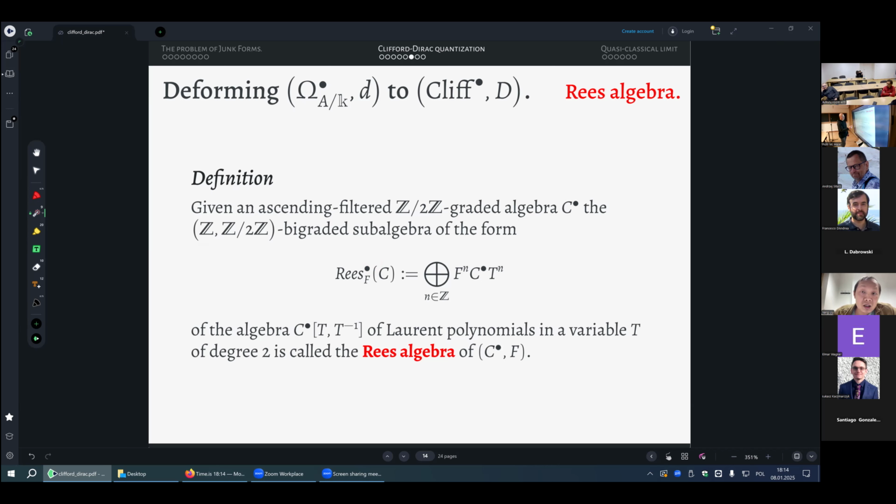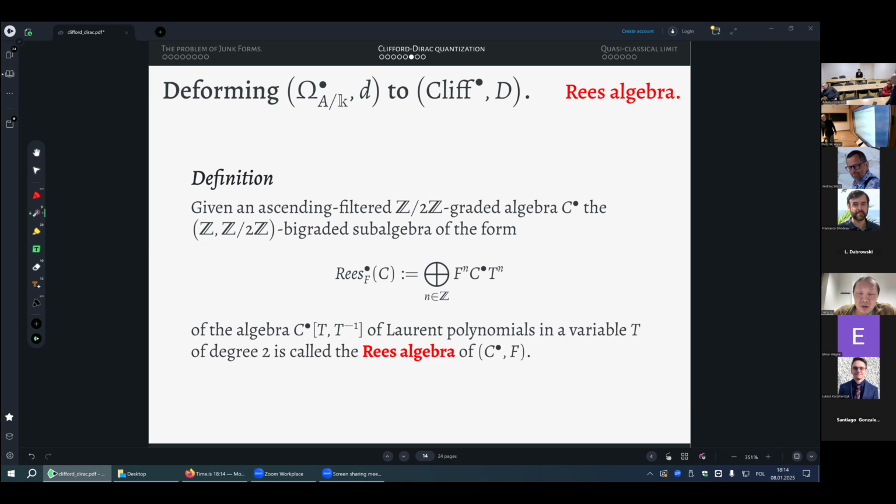But there is another grading coming from this direct sum and labeling these pieces by n. So in fact, here you have 2 gradings combined.